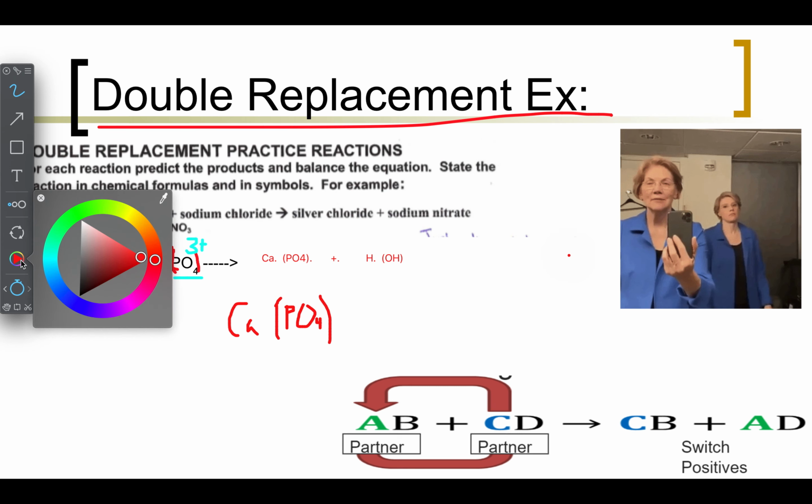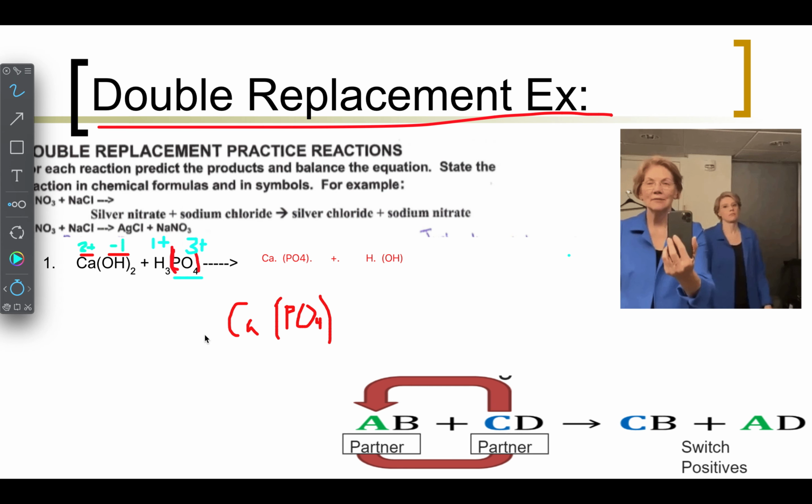We already figured them out, but I'm going to change to blue. So Ca is a 2 plus, and PO4 is a 3 minus. So we're going to swap those. So Ca is going to be calcium 3, and PO4 is going to be phosphate 2, right? And then we're going to go over here with H and OH.